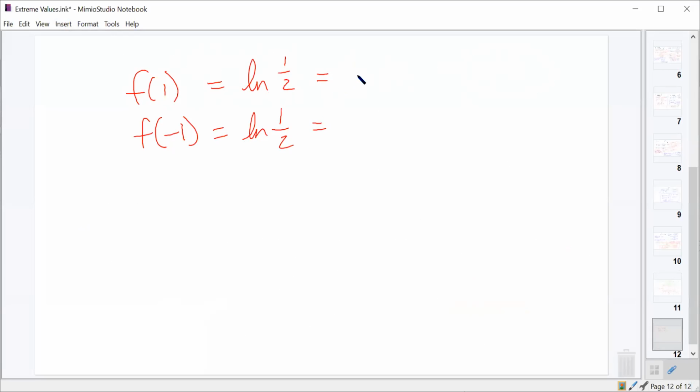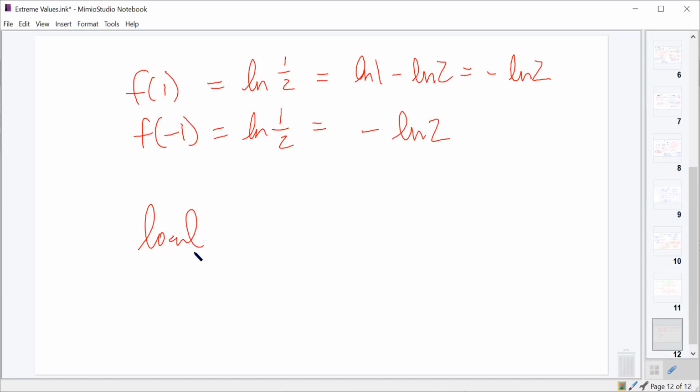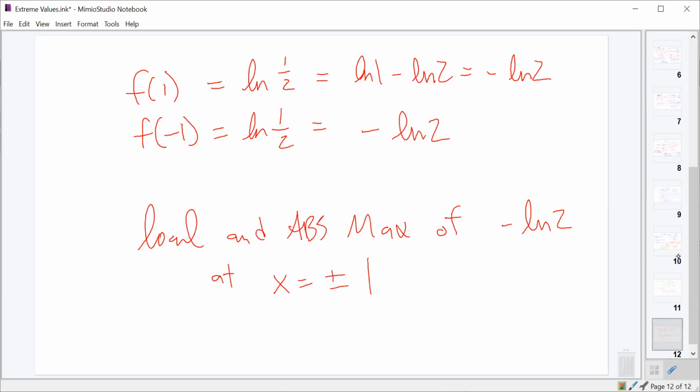And the preferred way to write these is natural log 1 minus natural log 2, or just negative natural log of 2. And so we have local and also absolute maxes of negative ln 2 at x equals positive or negative 1.